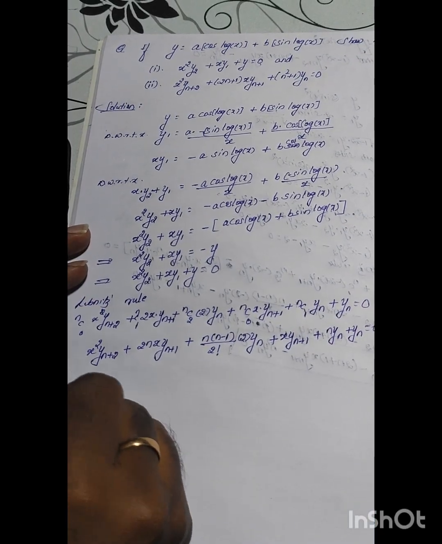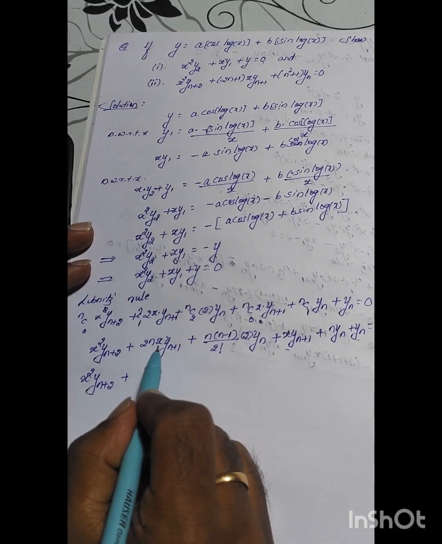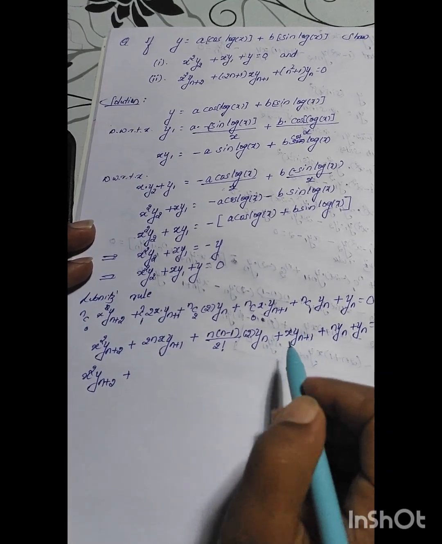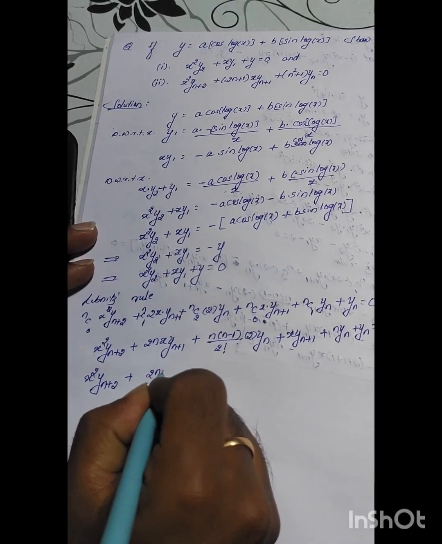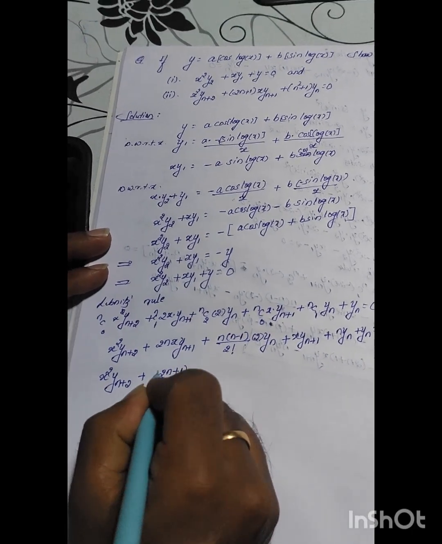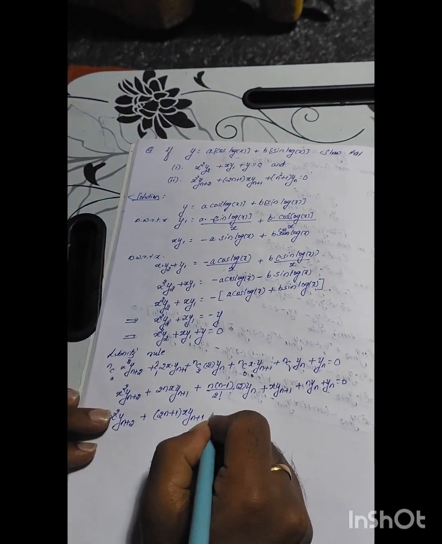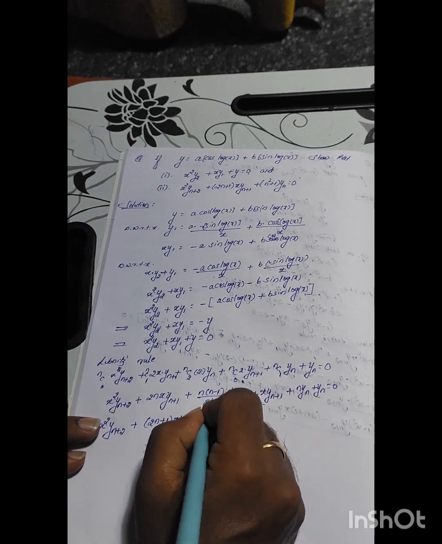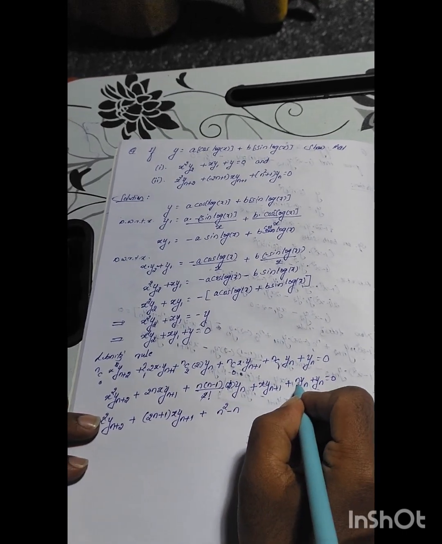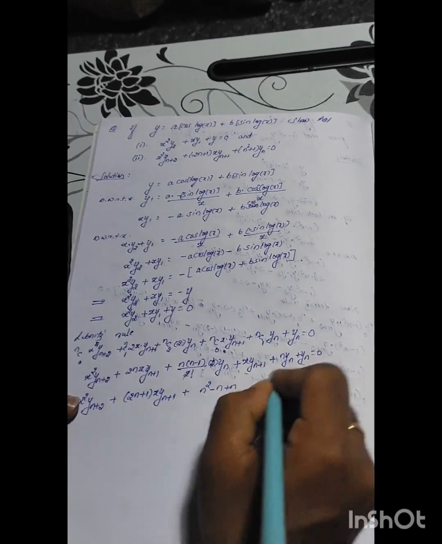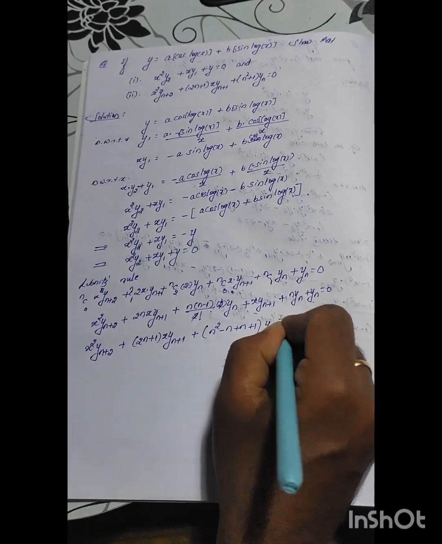So on further simplification, x square yn plus 2, and if you observe here the terms x yn plus 1 and x yn plus 1 are common, so I can take x yn plus 1 common from both of these terms, so that will be 2n plus 1 into x of yn plus 1, plus the 2 and 2 can be cancelled here, so this will become n square minus n, and here plus n is there and here plus 1 is there, into yn will be equal to 0.